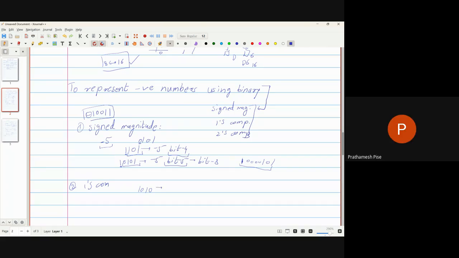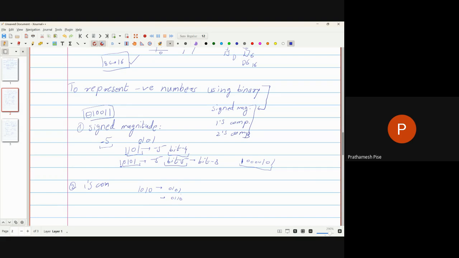You will flip the bits, and you will say 0101 is the 1's complement of this number, right? Yes, sir. And if I ask for the 2's complement, you will add 1 to this, and that will be the 2's complement, which is 0110, right? This is the 2's complement of the same number.